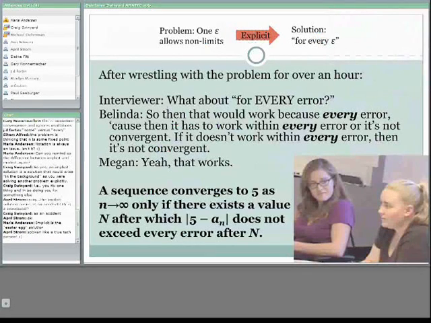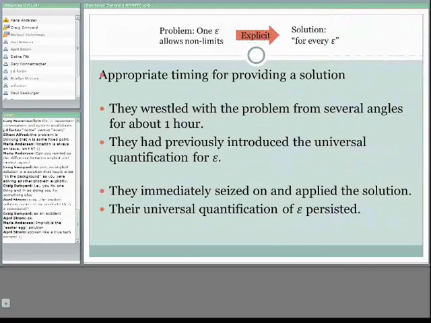So I said, well, my question was this 5 minus a sub n, what does a sub n refer to? And the reason I'm asking is because it occurs to me that we're using n to mean, given some error, a static place here, right? And I was pointing at a graph up on the board, and Megan and Belinda agree, and I said, and then this n also refers to a whole bunch of points.